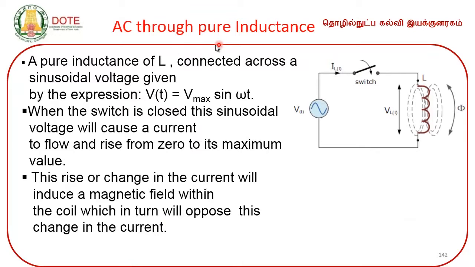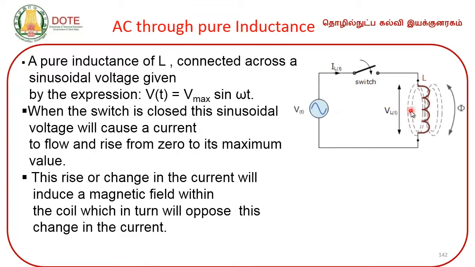That means the energy is not dissipated, but stored. The electrical energy is stored in the form of magnetic field here, and this magnetic energy again can be given back to the supply. So we store it, and then it reacts back. That is called reactance.